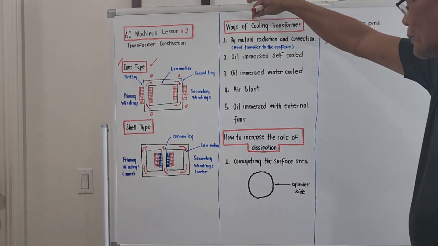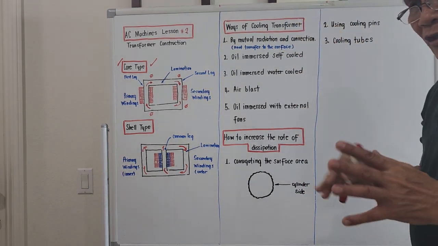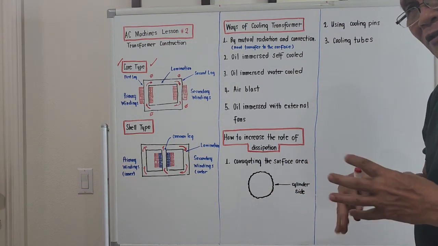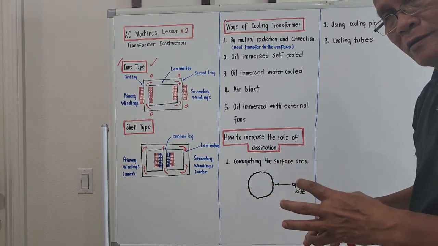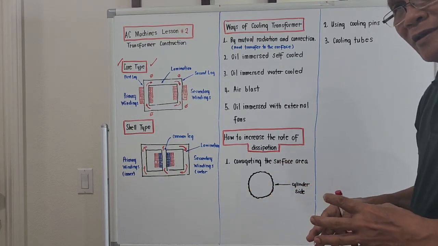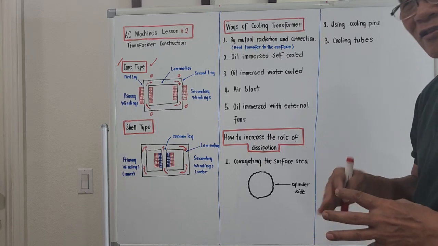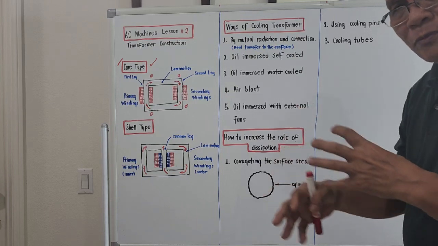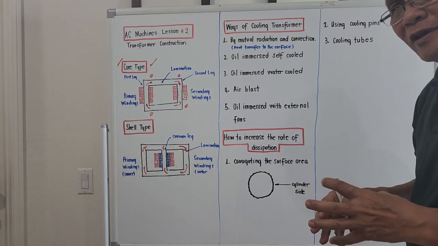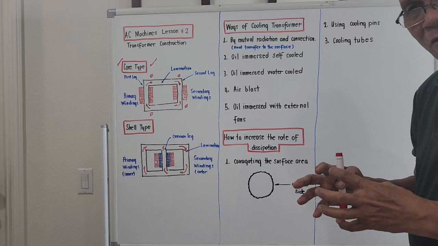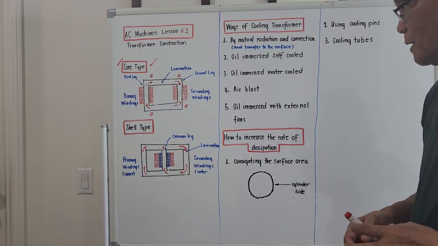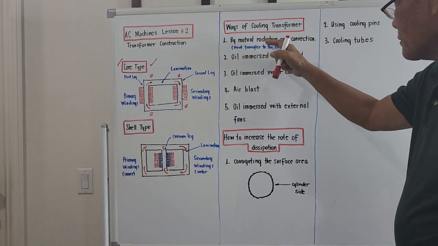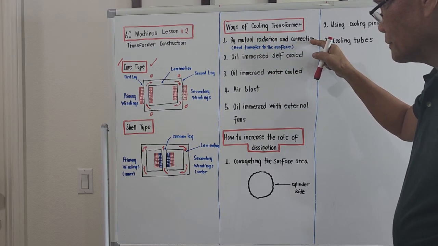The ways of cooling a transformer: because transformers carry so much current, and the voltages applied to them are very high, there should be heat dissipation inside. To cool off a transformer for a longer life, there are ways to do it. There are 5 over here. Number 1, by mutual radiation and convection.